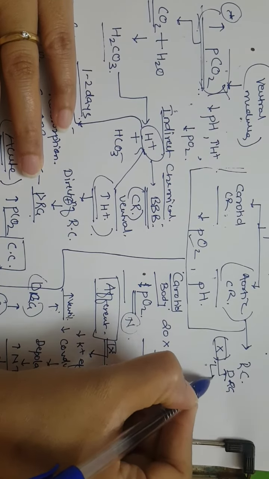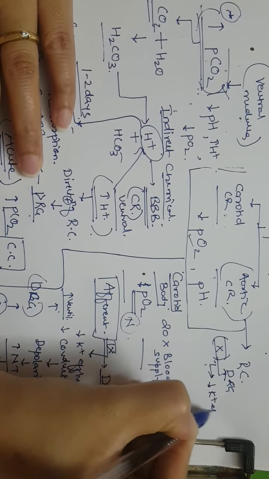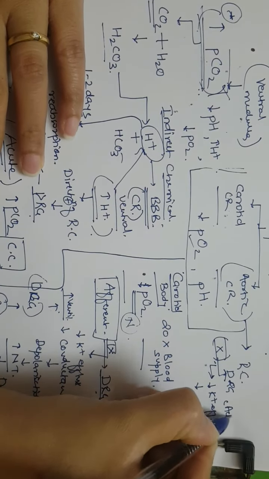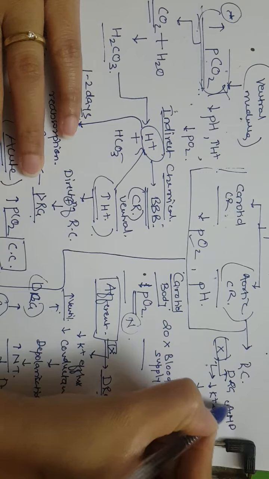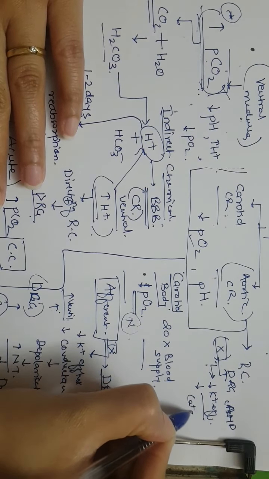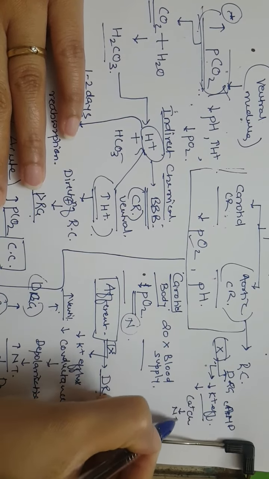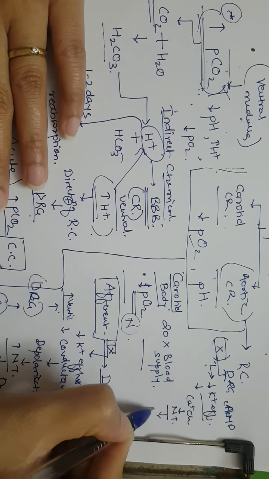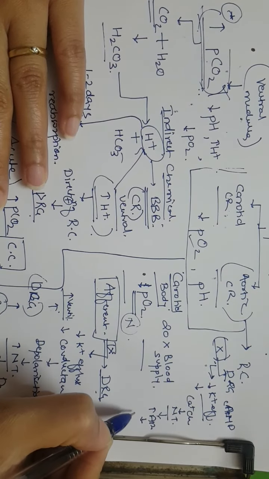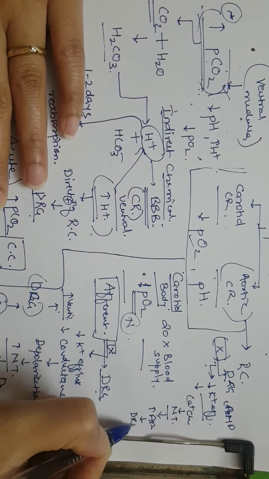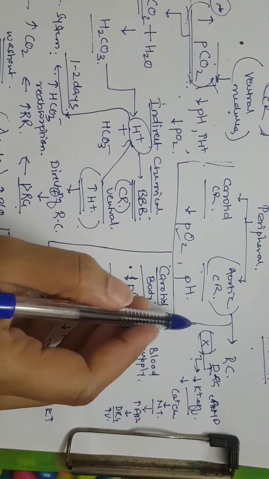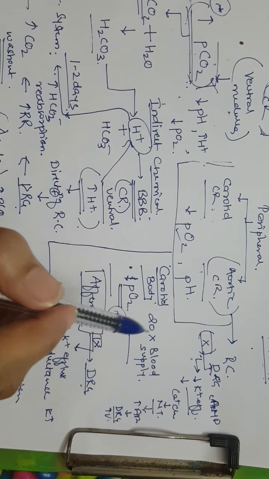Here also, in the same way there will be decreased potassium efflux, so there is opening of calcium channels, release of neurotransmitters, then production of action potential, and then it is carried to the respiratory center DRG, with an increase in ventilation. So this is by the peripheral chemoreceptor, that is the aortic body.